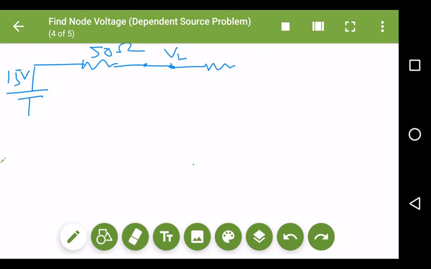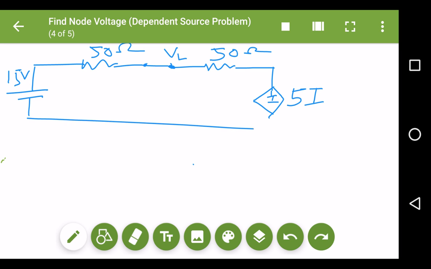This is again my 50 ohm equivalent resistance, and it is connected in series with a dependent voltage source of 5I volt, and this finishes my network. So you can see my current I is as it is. My voltage source, which I just transformed, is this.